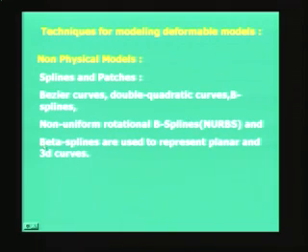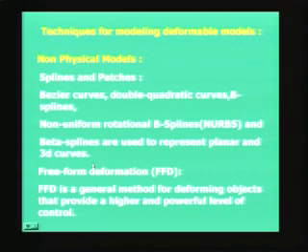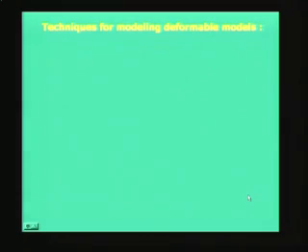NURBS are very common, and also people use beta splines to represent planar and 3D curves. Well, free-form deformation, FFD, is a general method for deforming objects that provides a very high and powerful level of control.